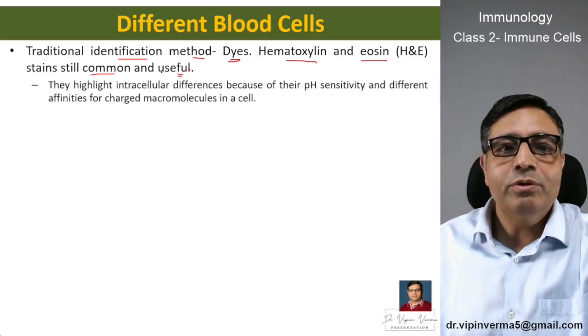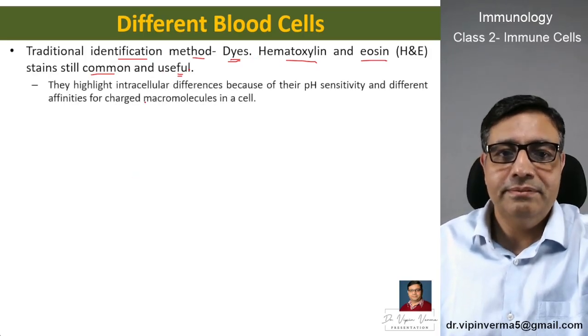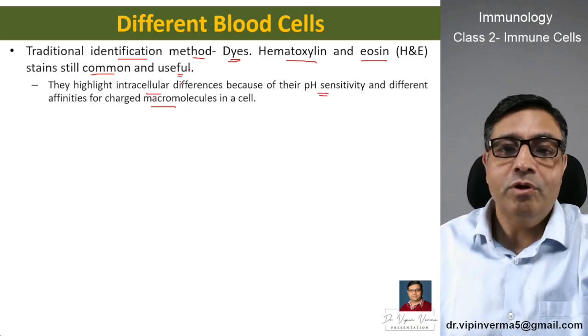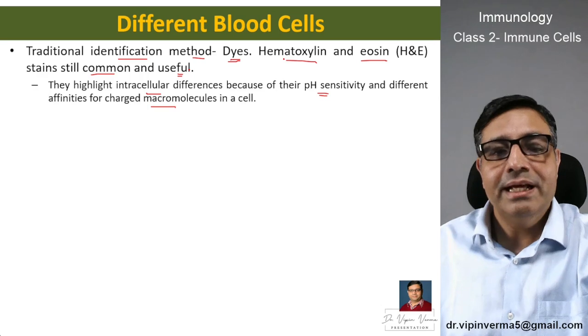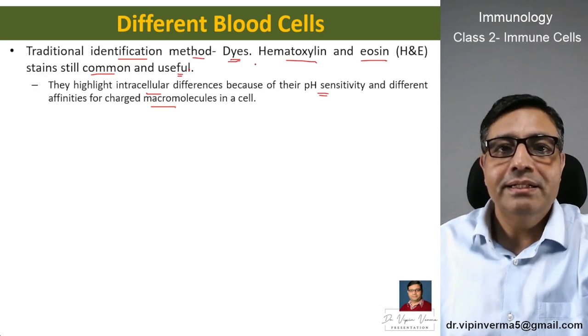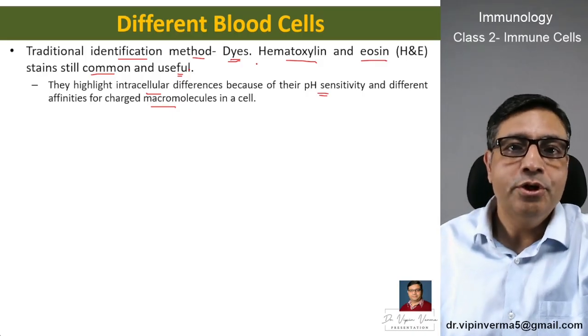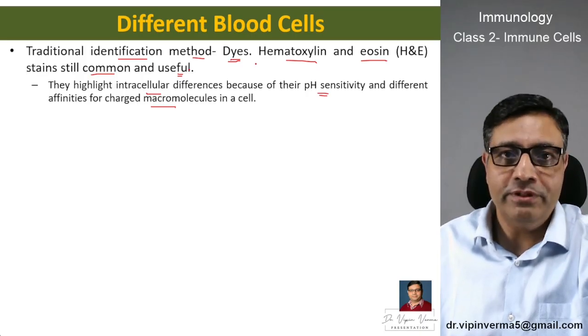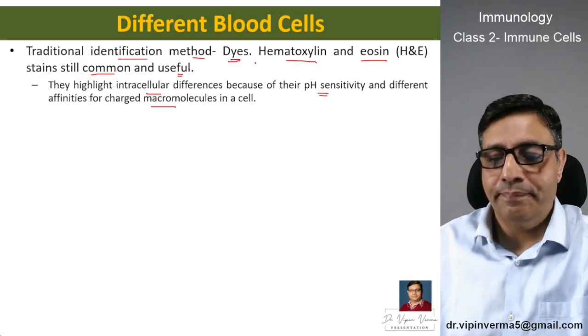Okay, now these two dyes highlight the intracellular differences because of their pH sensitivity and different affinities for charged macromolecules in a cell, because these dyes act differently in different pH, and that's why they can highlight the differences in different cells. And when these differences are highlighted, you can easily recognize under the microscope the phenotype of the specific cell.